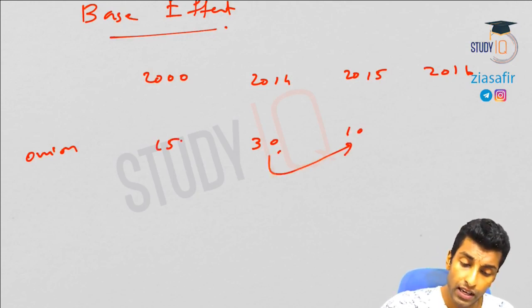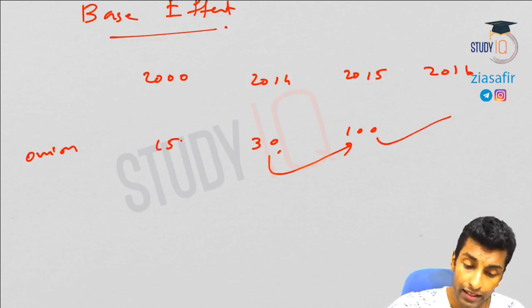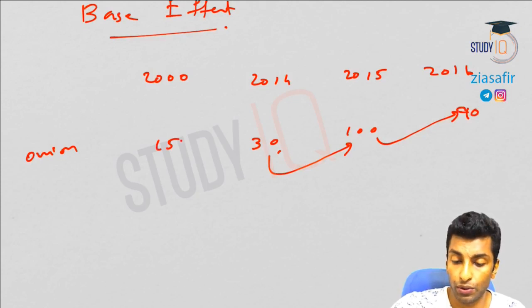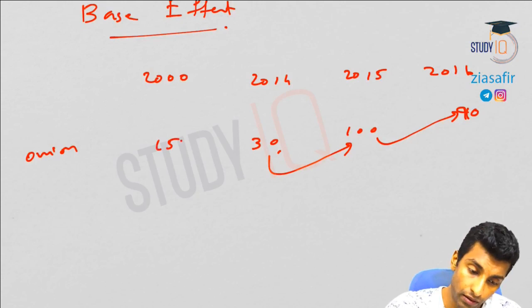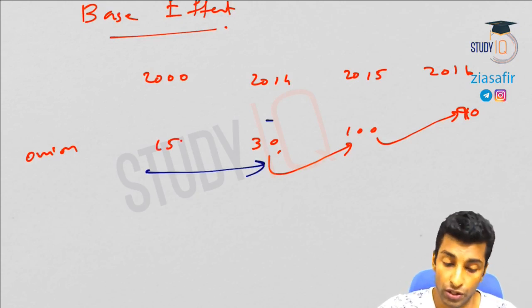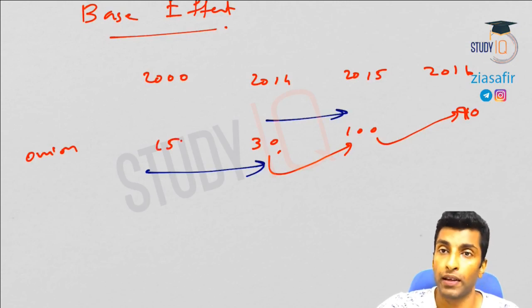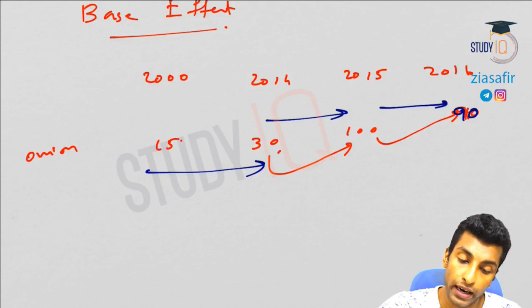Now suddenly there was a sharp increase to 100. Then this 100 was reduced to 90. So this 15 to 30 increase over a period of years was normal, but this is sudden. Now here there is a decrease, and you will write here 90.